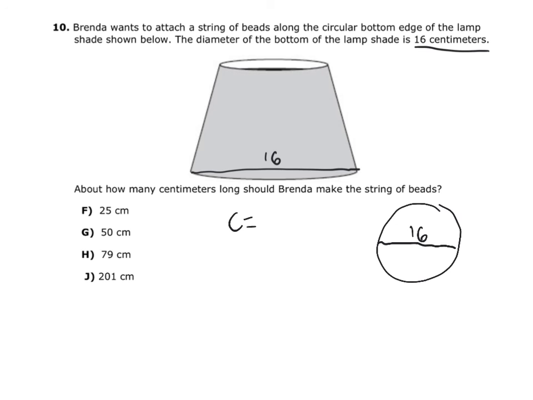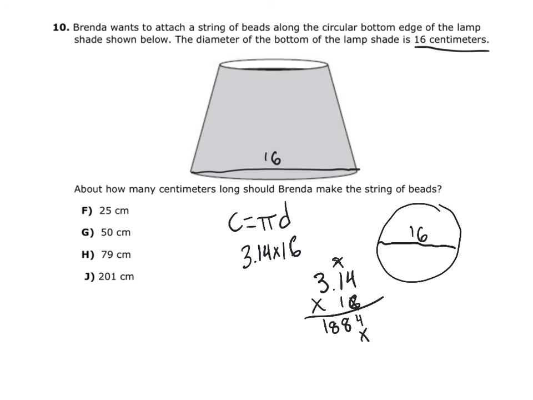So we're going to use our formula C equals pi times D, since we're given the diameter. We can plug in 16 for our diameter, 3.14 for our pi. So when we multiply that out, 6 times 4 is 24, carry the 2. 6 times 1 is 6, plus 2 is 8. 6 times 3 is 18.